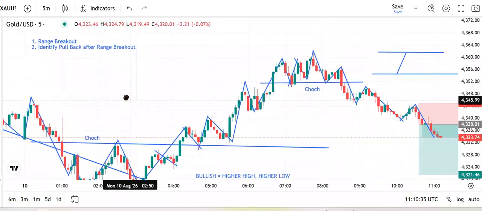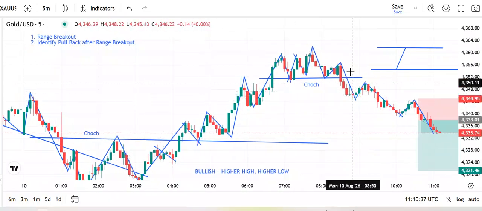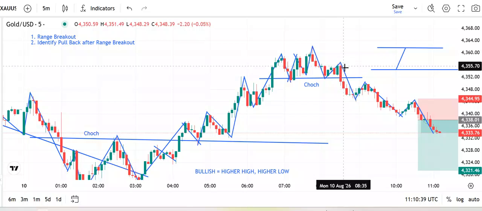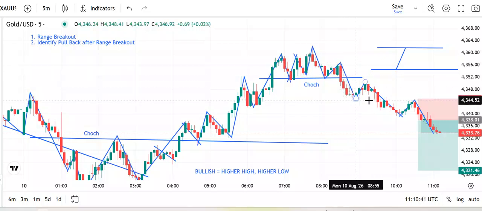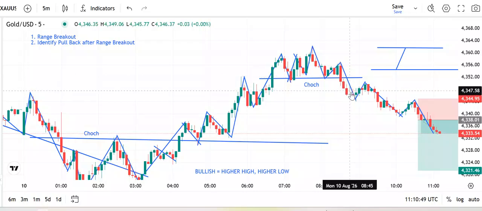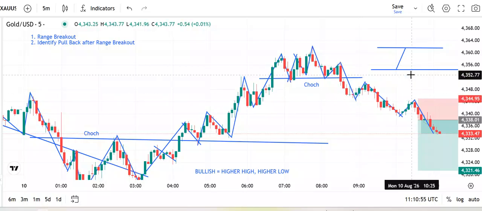Now, after identifying the pullback that you use for your stop loss after range breakout, allow break of structure. Of course, this is the breakout. Allow break of structure. This is where you have break of structure. This is a break of structure here that gave us the breakout. So this is a pullback, and this is a break of structure of this particular low.